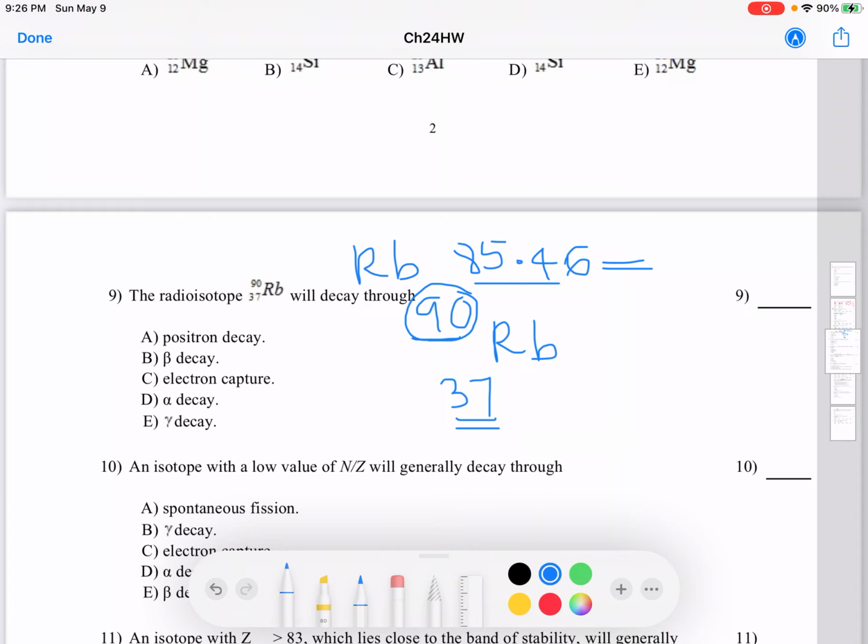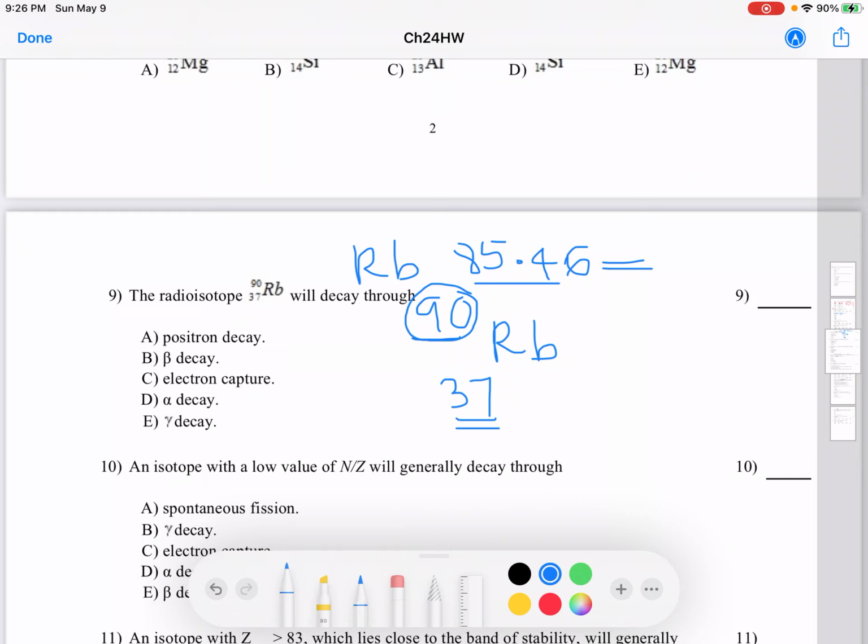In your lecture slides, and also in the lecture videos that we talked about, if an element is rich in neutrons, it would undergo which decay? Beta decay, neutron rich. Okay, and I also showed you how to find out whether it is neutron rich or proton rich. I even talked about it right now.